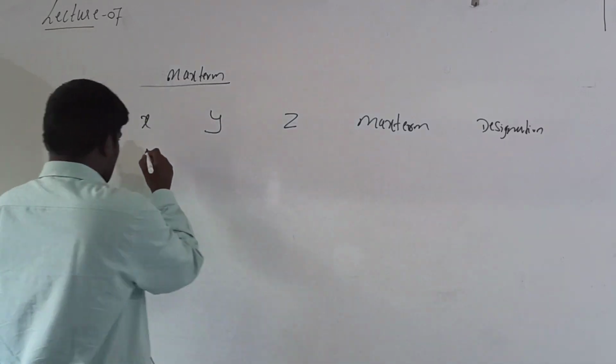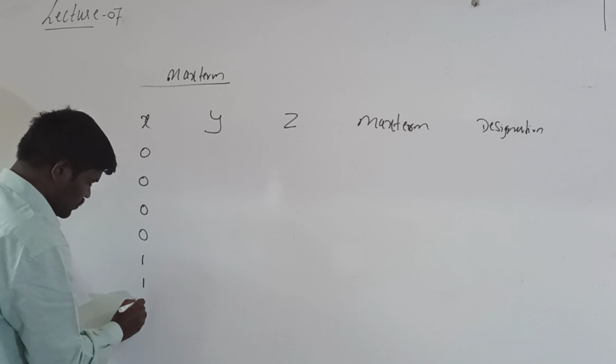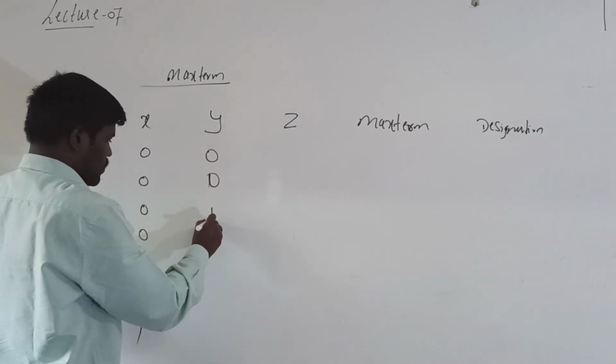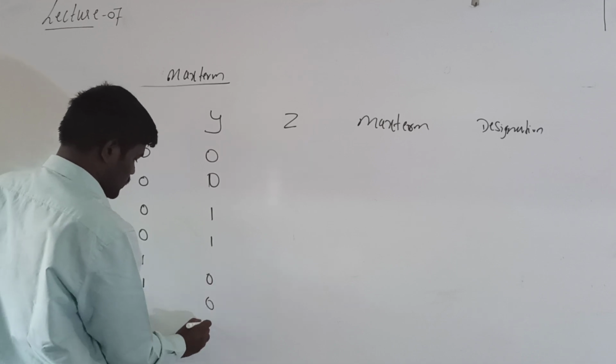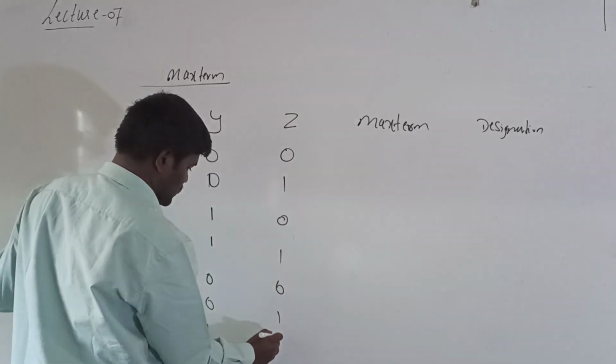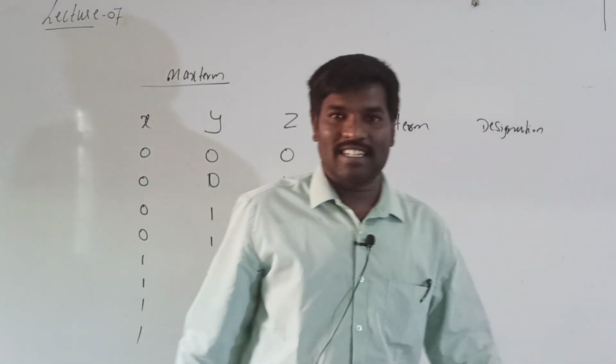Okay, 0 0 0 0 1 1 1 1, then 0 0 1 1 0 0 1 1, next is 0 1 0 1 0 1 0 1. Okay, now I have to write the max term.